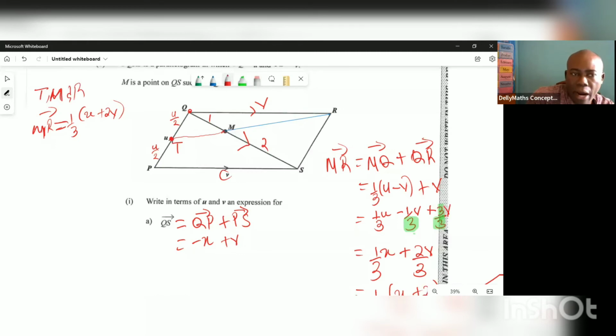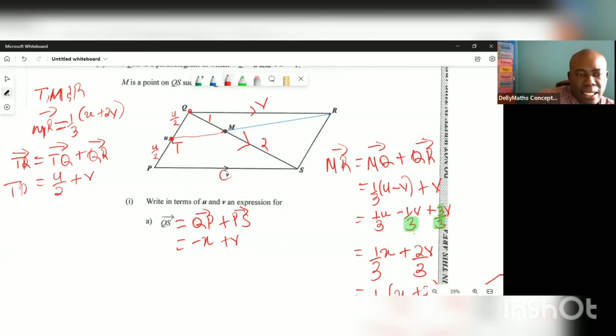So MR is good. So I need TR. I'm working with TR and MR. So TR is equal to T to Q plus Q to R. T to Q is half U, because T was the midpoint. We discussed that already. So it is half U plus V.